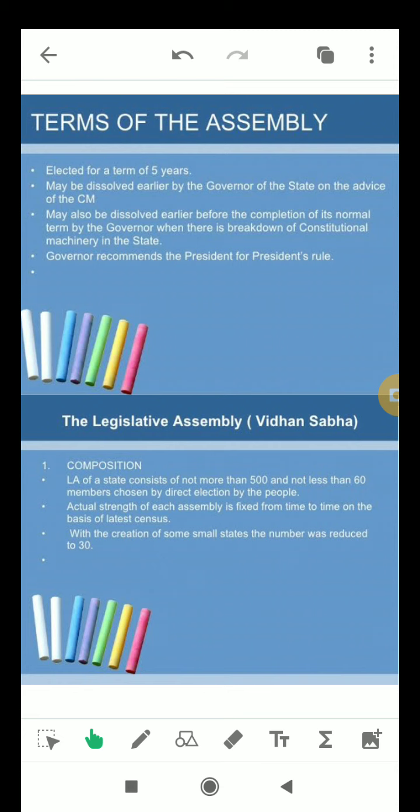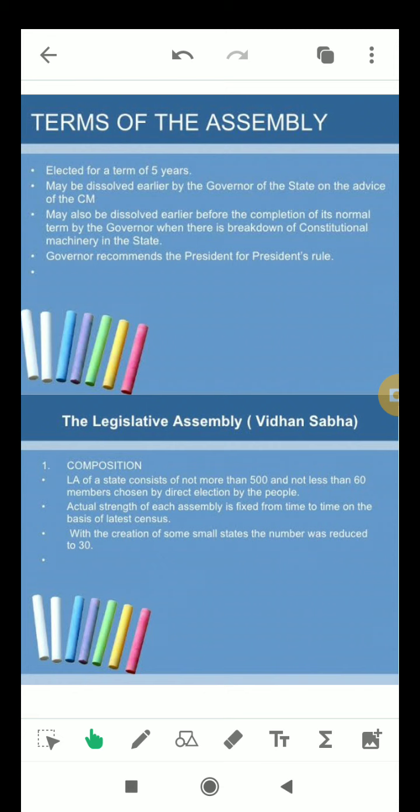With the creation of some small states, the number was reduced to 30. That means the limit can go up to 500 only, not more than that. States like Goa and Mizoram have 40 members each, while Sikkim has 32 members.